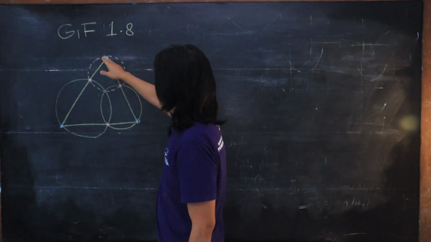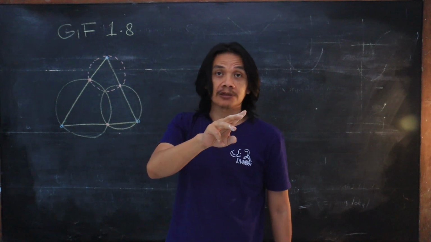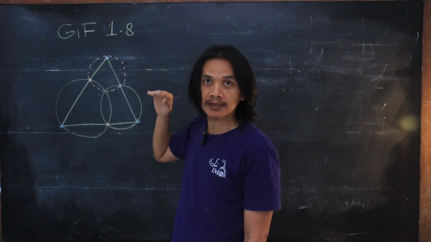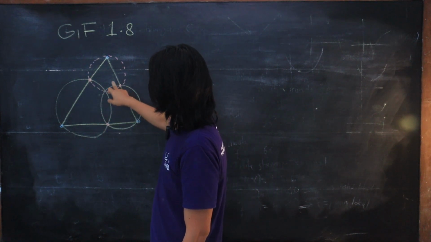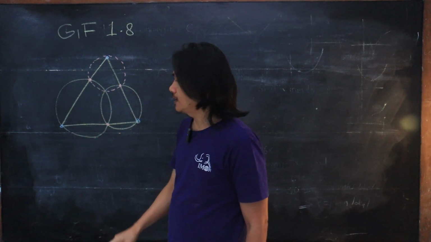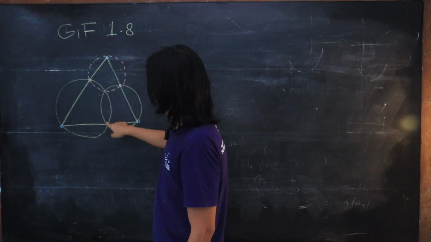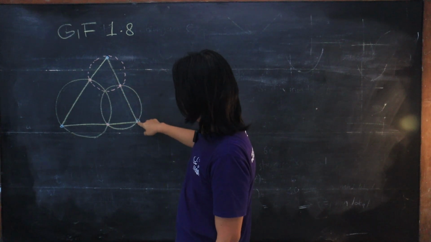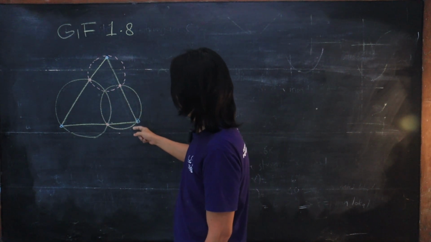We have an arbitrary triangle, and then we pick 3 points on the sides of that triangle. Let's say we pick this, this, and that. Using these 3 vertices, we make a circumcircle, and using those vertices, we make another circumcircle.